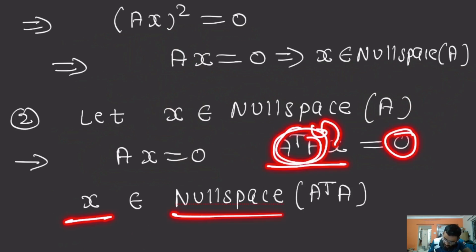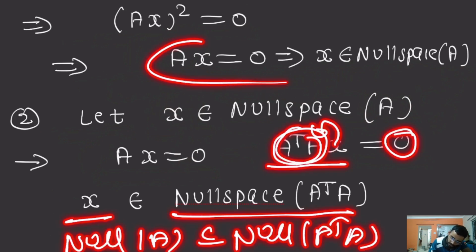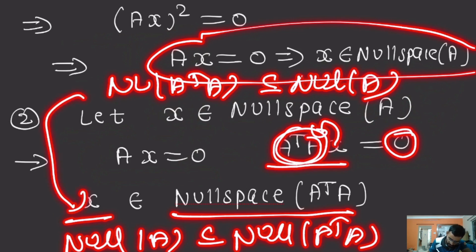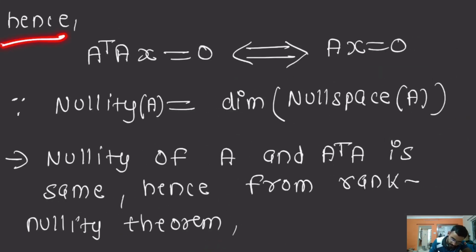Which means the null space of A is a subset of the null space of A transpose A. Okay. From the first part we got that the null space of A transpose A is a subset of the null space of A, and here we get the opposite. Which means the null space of A transpose A and the null space of A are both the same.